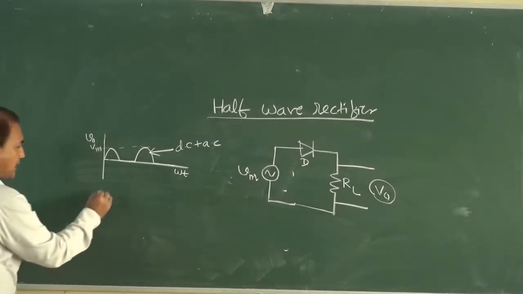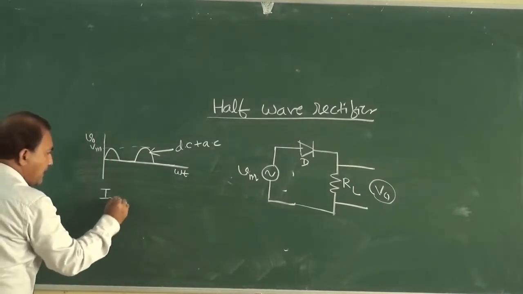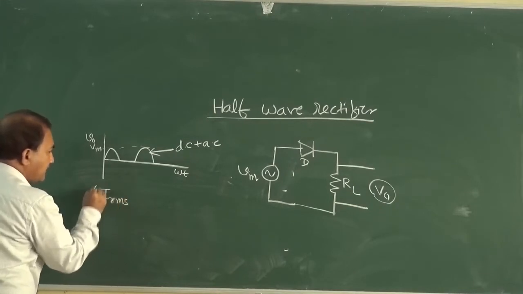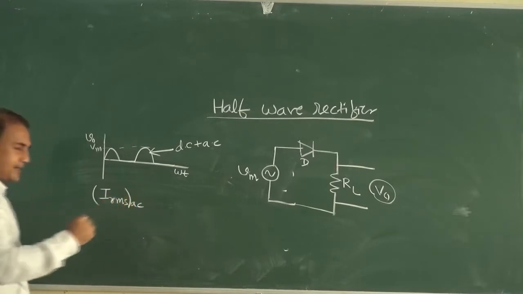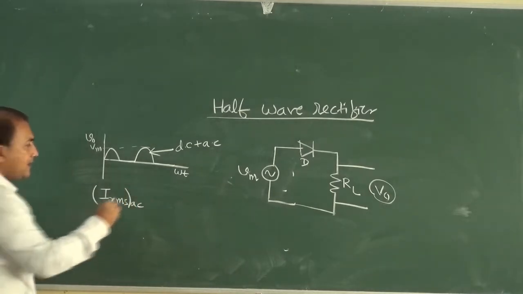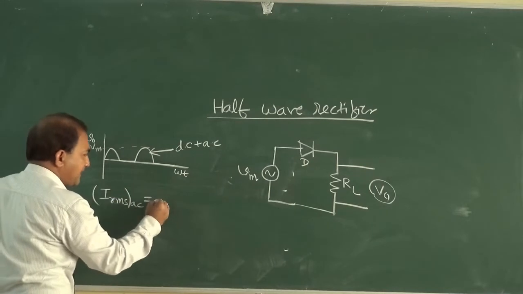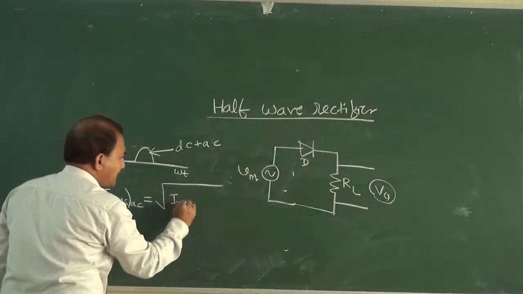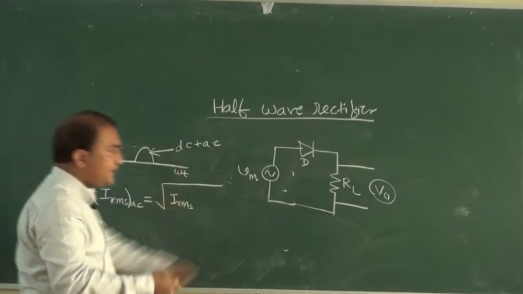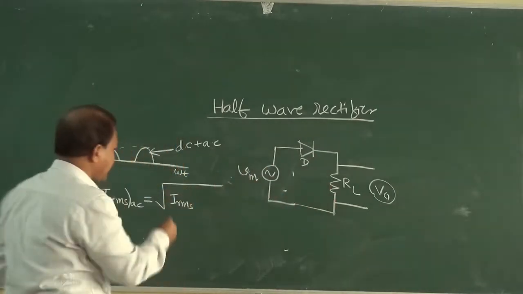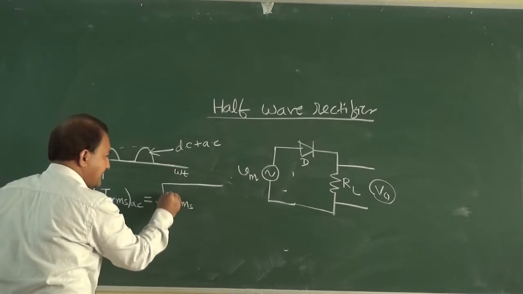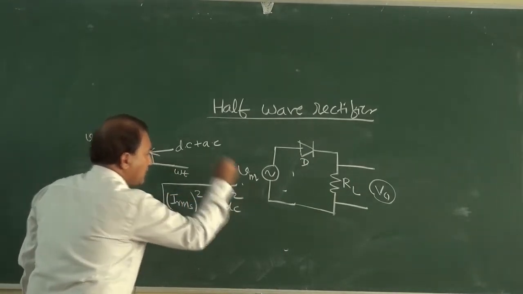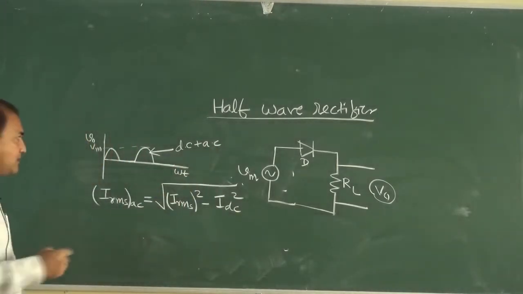So how can we calculate the ripple factor for a half wave rectifier? See, I RMS of the AC component, in case of a half wave rectifier, is equal to the square root of I RMS of the complete load current, which contains both AC as well as DC, minus IDC square. We can write like this.